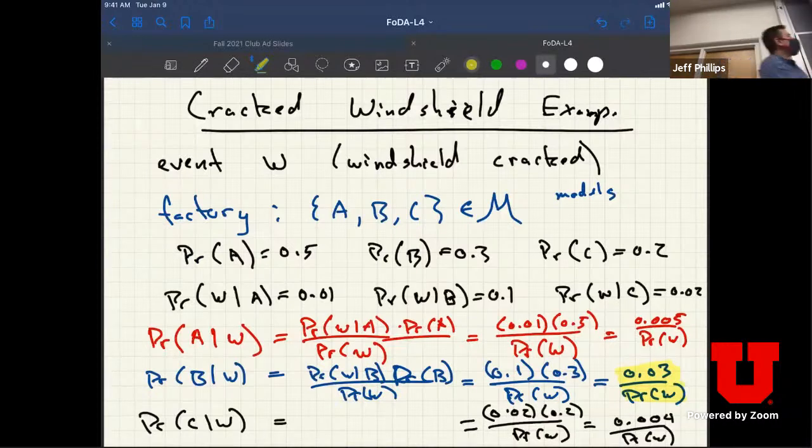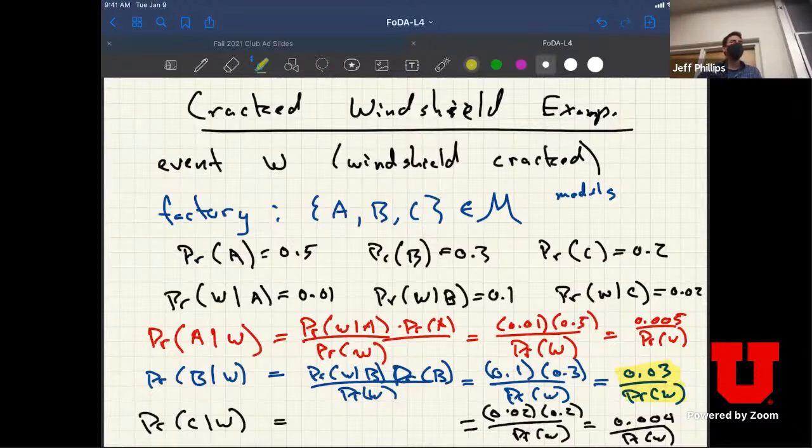I know that there's only 3 factors, right? So what do I know about the properties of a probability? What are the 3 properties that a probability has to have? The first one is every probability needs to be between 0 and 1.